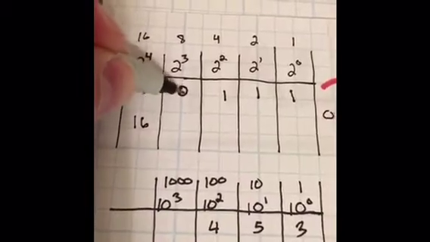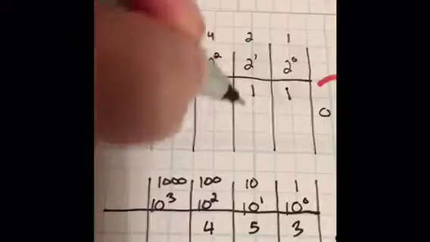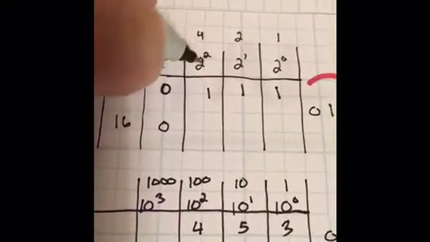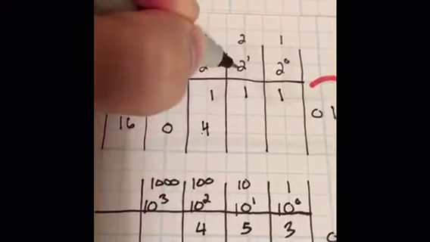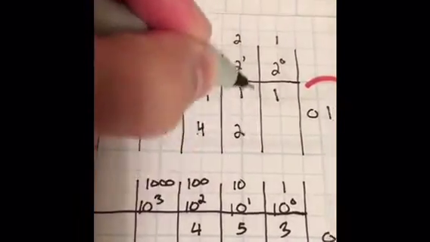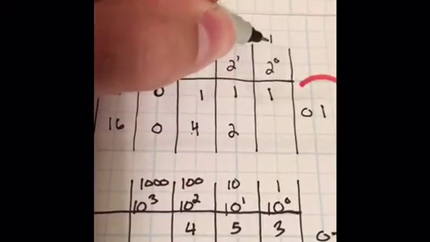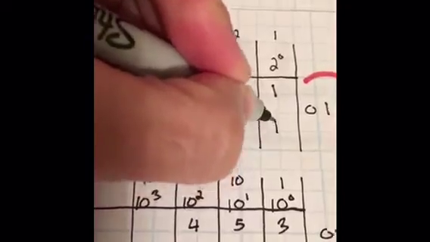I have 0. It's off. I have no 8s, so there's nothing to add here. I have 1 2 to the 2nd power. 2 times 2 is 4. So I have 1 4. I have 1 2 to the 1st power, which is 2, so I have 1 2. And then I have 1 2 to the 0 power, which is 1. Anything to the 0 power is 1, so I have 1 here.